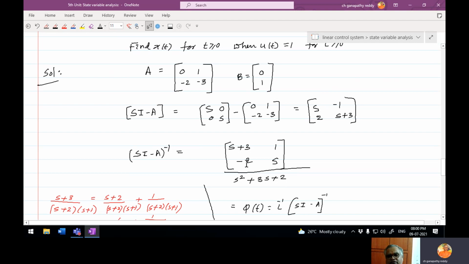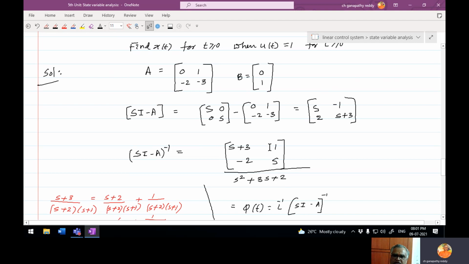You know how to find the adjoint of a 2 by 2 matrix, already studied in mathematics. But a simple technique: this s plus 3 and s will be swapped. s plus 3 will come here, s will come here. Whereas here, 1, 2 as it is, but polarity will change.